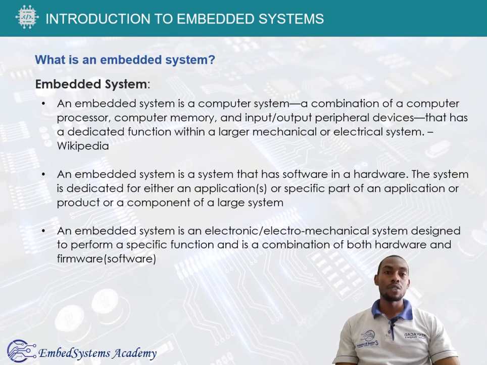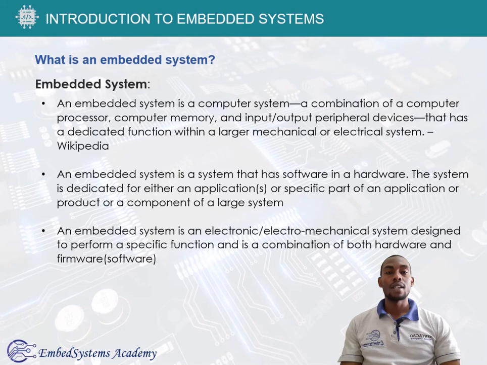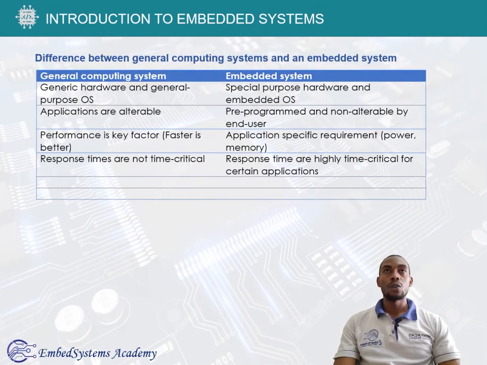So what is the difference between an embedded system and a general computing system? Here are the differences. In a general computing system, the hardware is generic, and the operating system is a general purpose operating system. For an embedded system, we have special purpose hardware and also an embedded OS, or operating system.